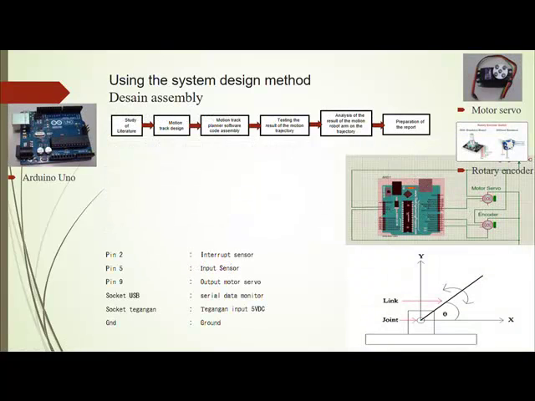Our method is the system design method for our project.